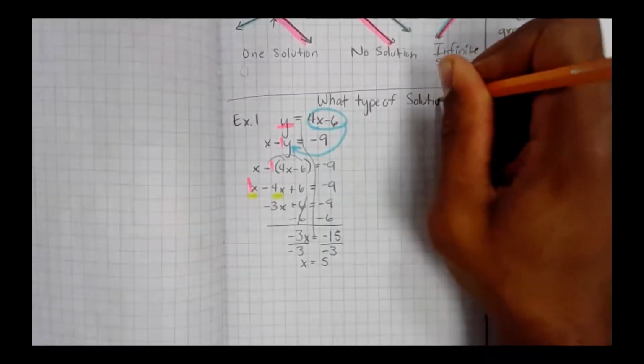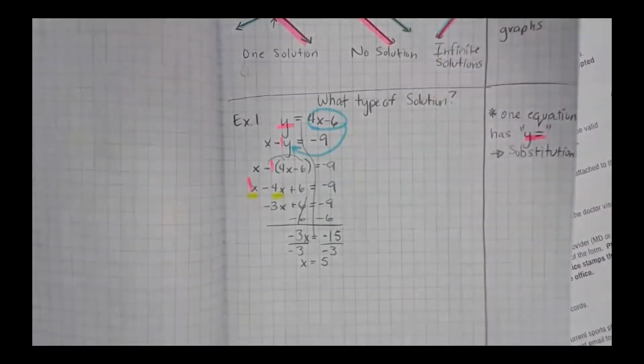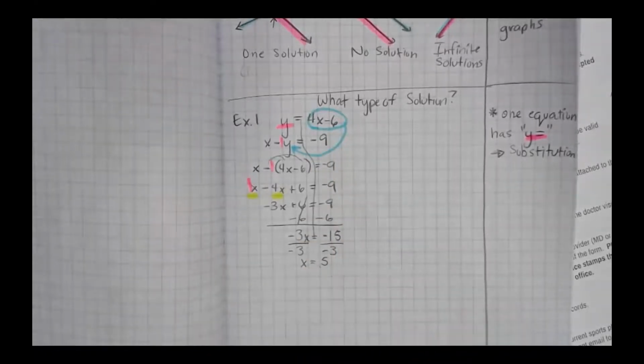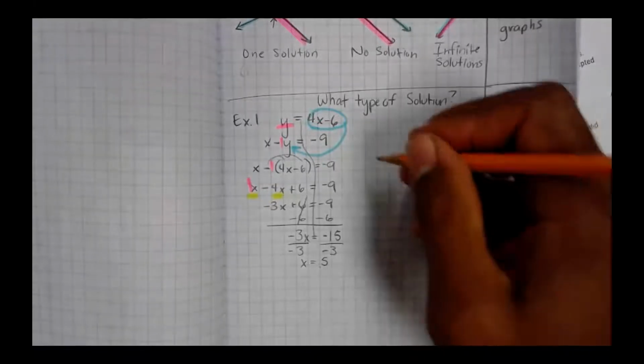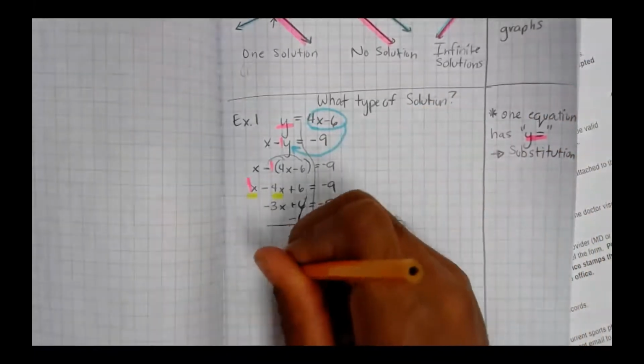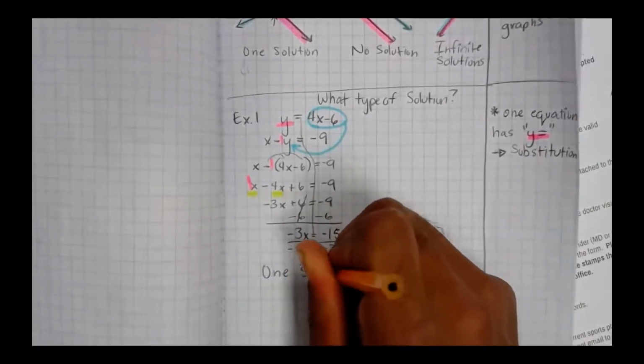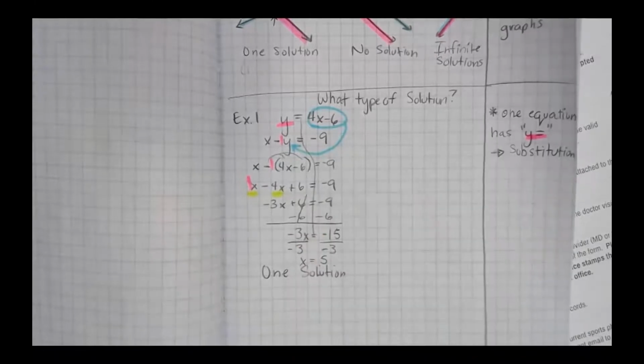Okay, and when you do the worksheet, that's what it's asking for. What type of solution? So as I'm working through this, I get x equals 5. That means I'm going to plug in the 5 and I'll find y and I'll get one answer. So in this case, I would have one solution. That's the main thing I was looking for, is I got one solution.